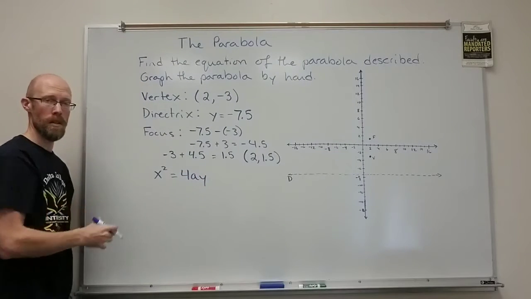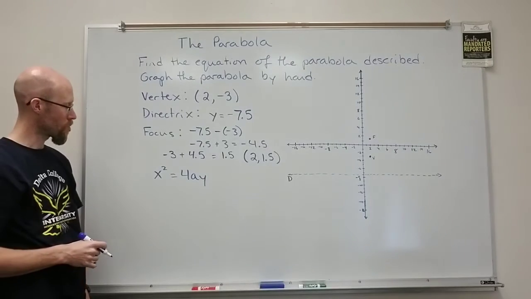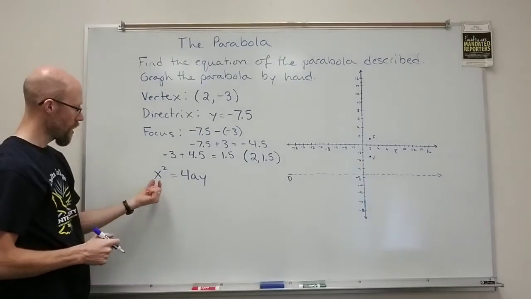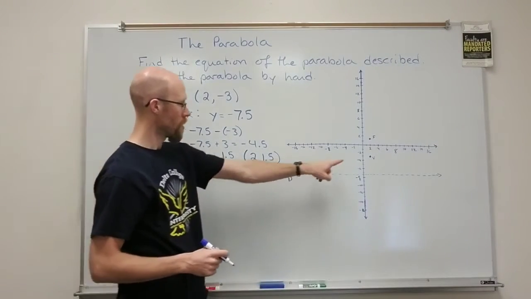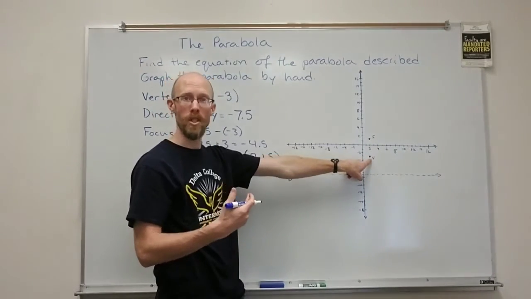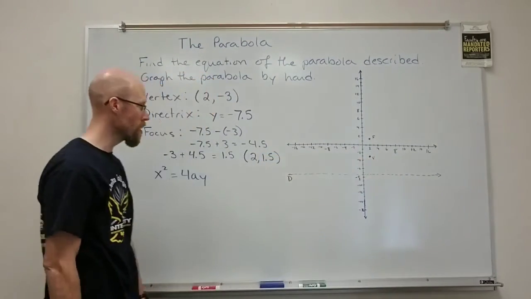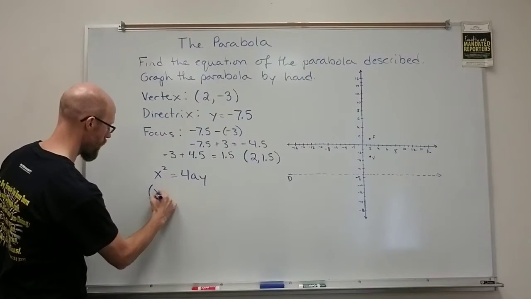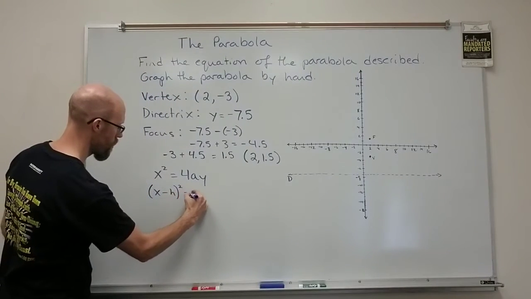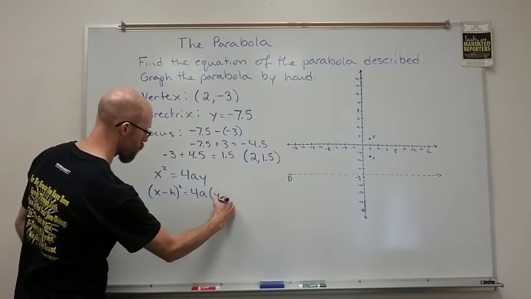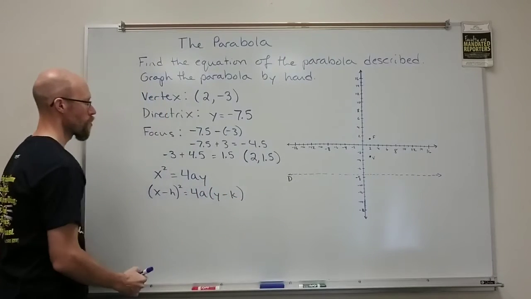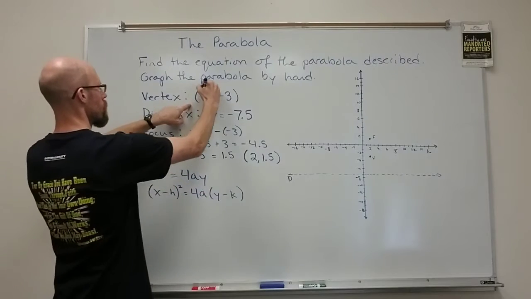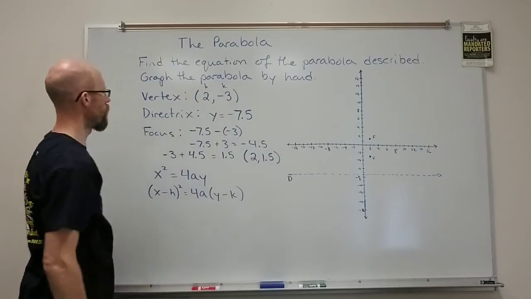That's sort of the base structure of this equation. However, this is shifted, right? The vertex is not at the origin, it's shifted. And so I actually need to adjust that to (x minus h) squared equals 4a times (y minus k), where h and k are the two values from the vertex.